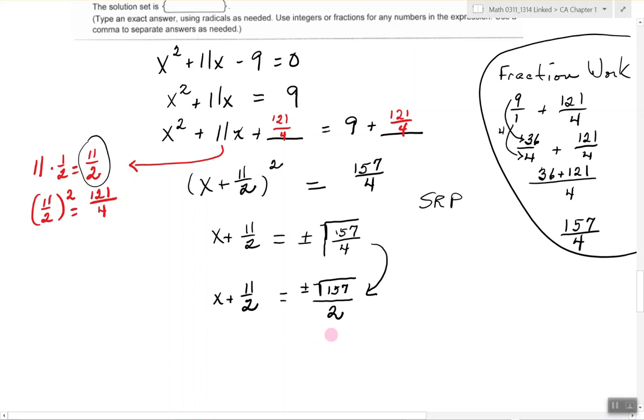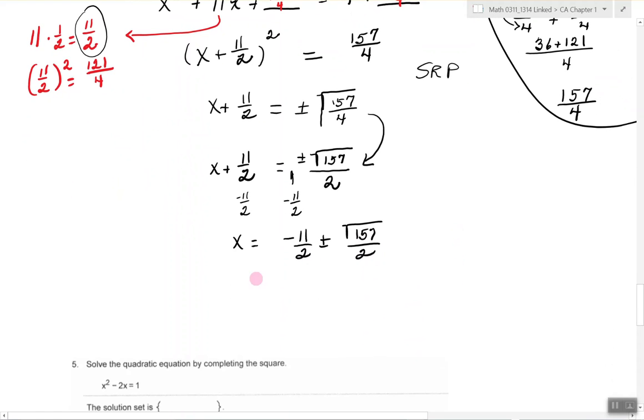It would be very unusual if these were not the same denominator. It's very common for them to be. So I need to subtract 11 over 2 from both sides. X is equal to negative 11 over 2 plus or minus the square root of 157 over 2.